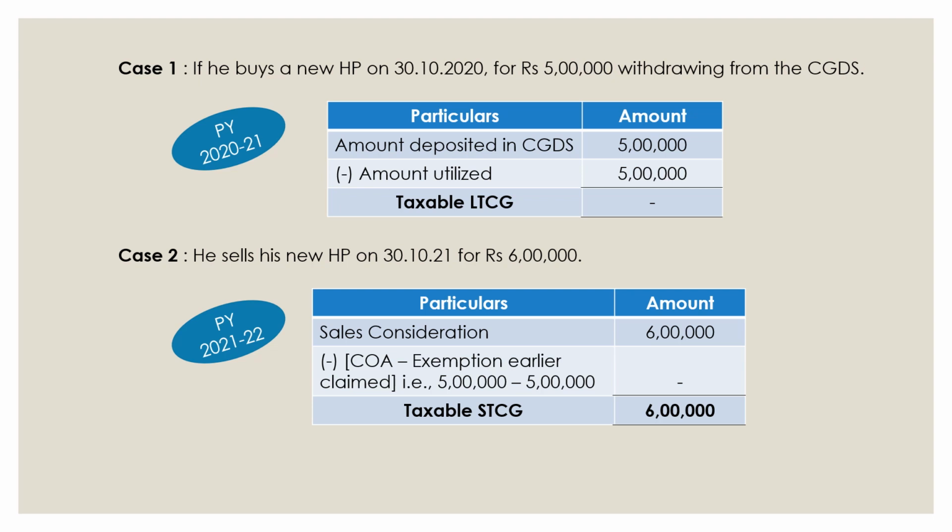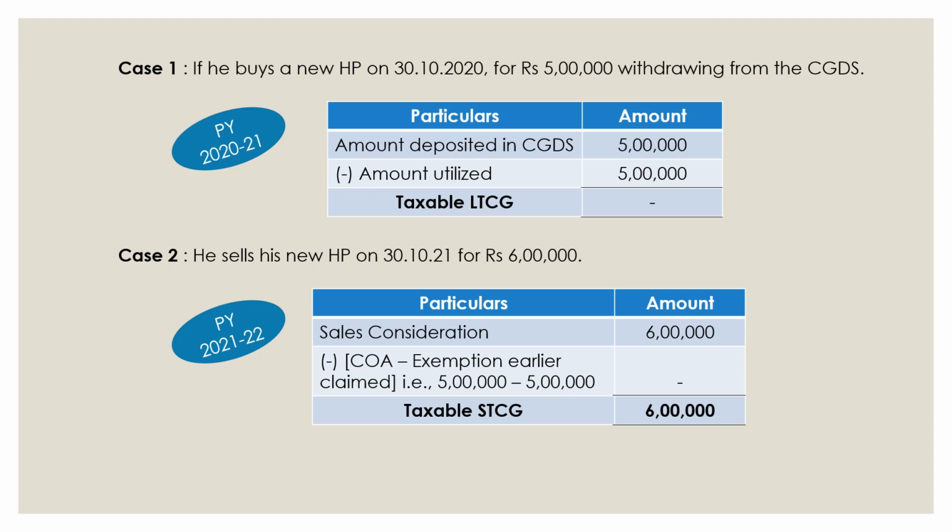Remember, in the provision we have already studied when the new asset is sold within 3 years, then the exemption earlier claimed becomes taxable along with the capital gains that arises on transfer of that new asset. Same thing is applied in this question.